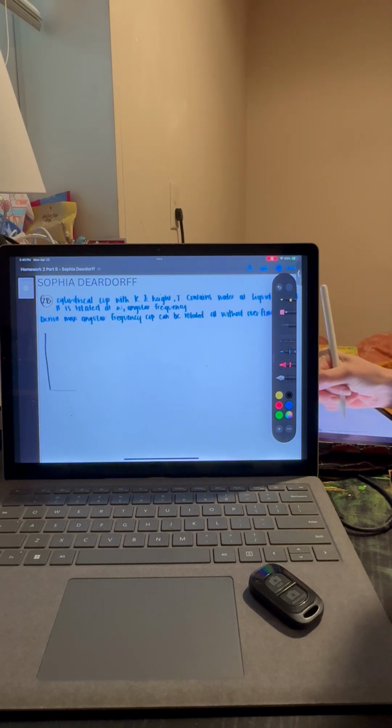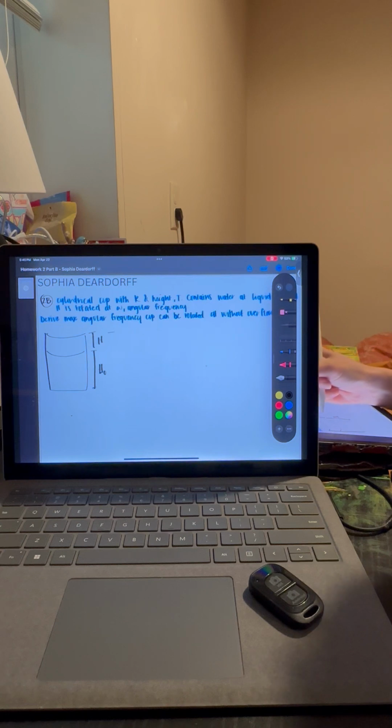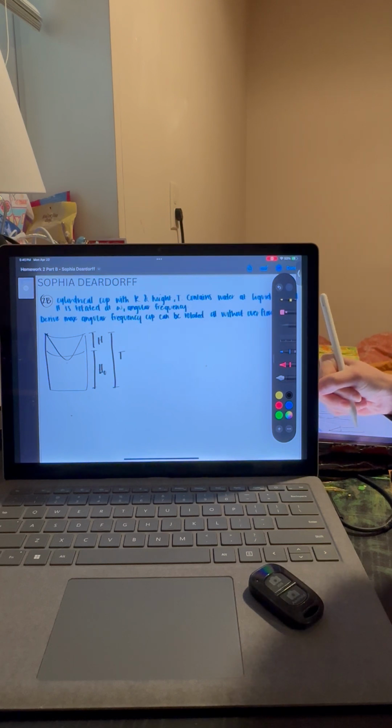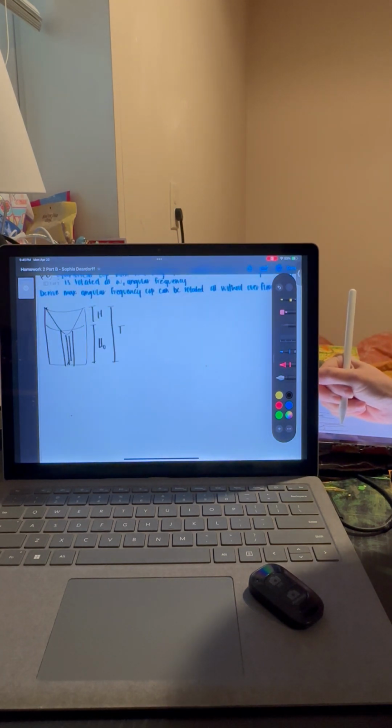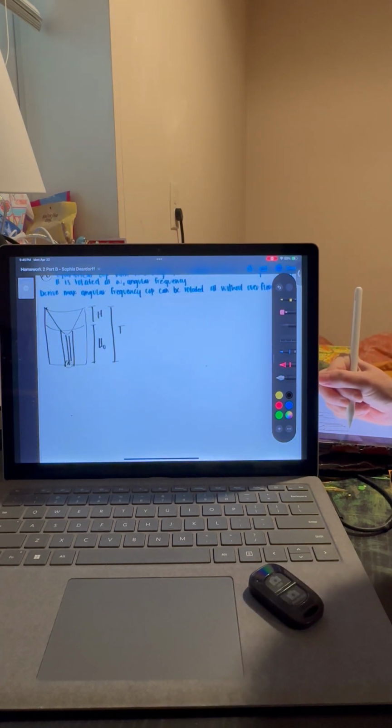I'll draw a picture. Here's our cup, here's our liquid level, and here's our end liquid level. We know that there will be different diameters to account for.